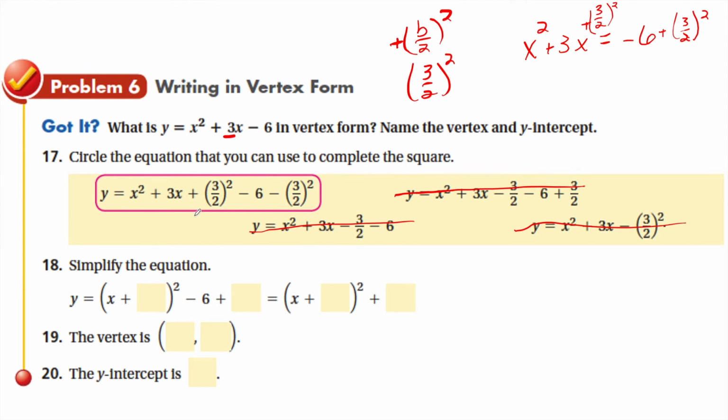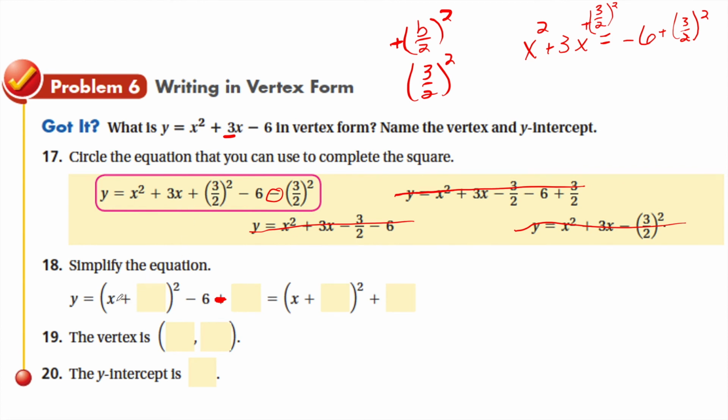I mean, it's 0. But the reason we're doing that is solely so that we can rewrite this and simplify it down. Simplify the equation. The first thing I'm going to do is change this to a negative sign because it's supposed to be subtracting by that 3/2 squared. So we have y equals a times x plus whatever's inside the parentheses.